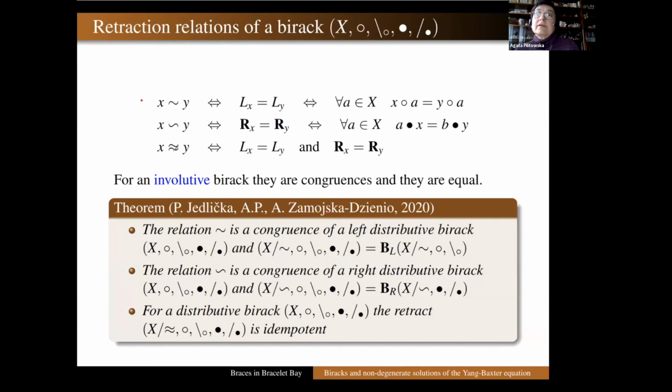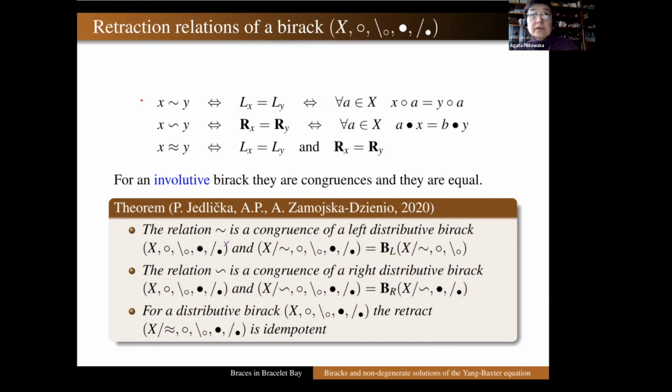The first relation, the left retraction relation, is a congruence of a left distributive Birack. And additionally, the quotient Birack by this left retraction relation is equal to the left derived Birack of the quotient Birack by this particular relation.